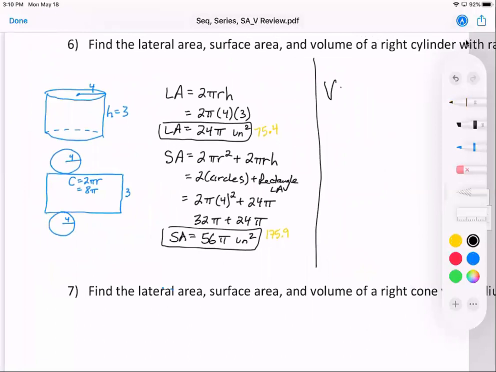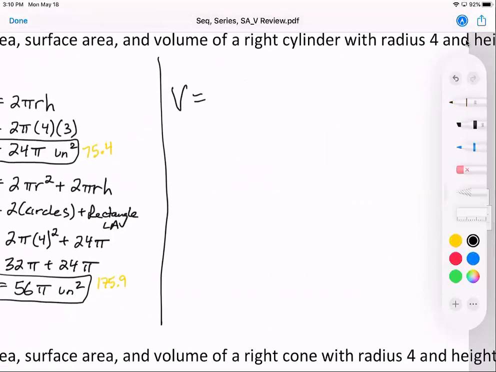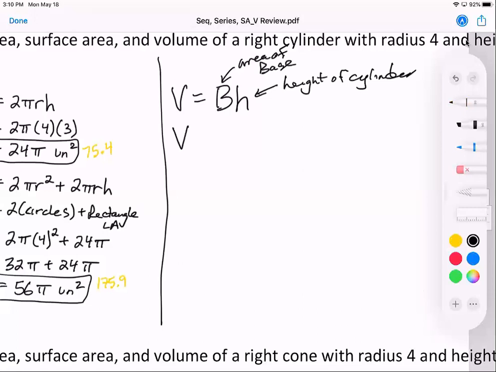The formula for volume of a cylinder would be capital B, which is the area of the base, times the height. B is the area of the base, and h is the height of the cylinder. So the volume of this cylinder would be pi r squared.